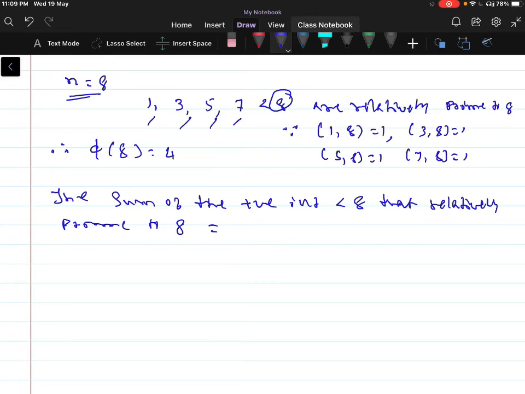So let us take the sum of these integers: 1 plus 3 plus 5 plus 7 is equal to 16.